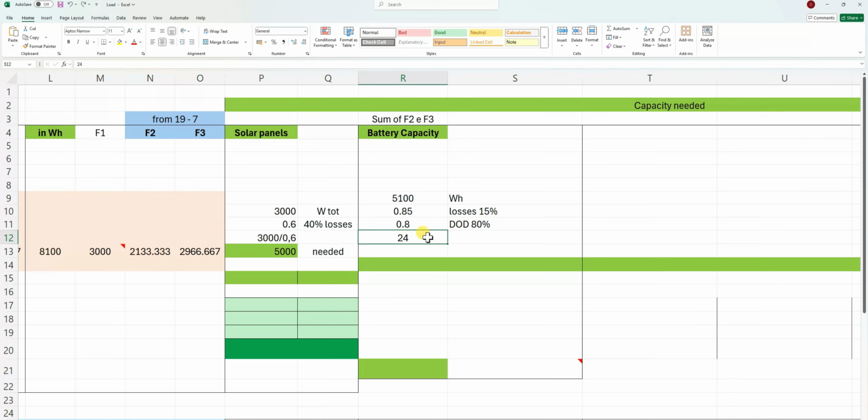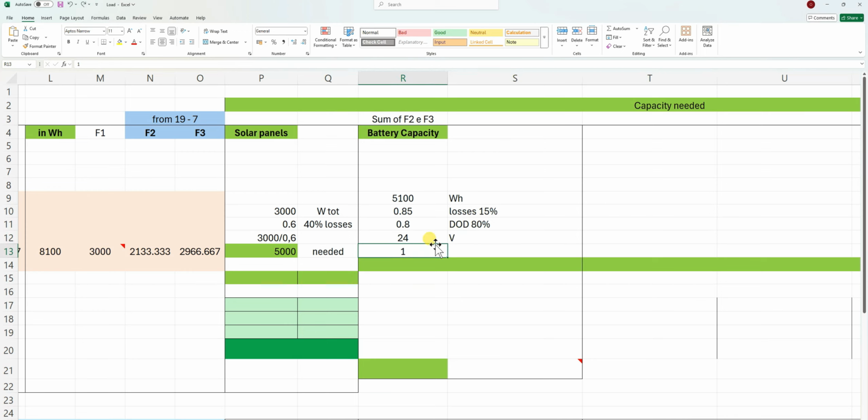Then I will be using a 24 volt system because normally a 12 volt system is used for a very small setup, but 24 volt for medium size houses. So I will connect two 12 volt batteries in series to get the 24 volts. So this is 24 volt batteries.